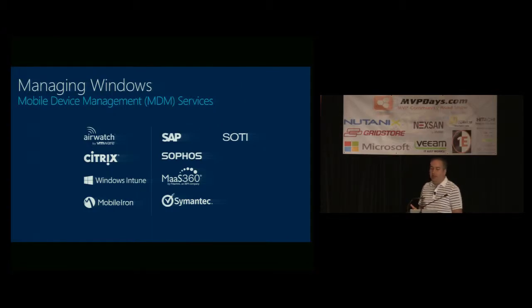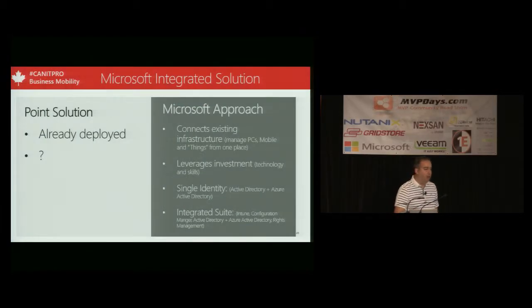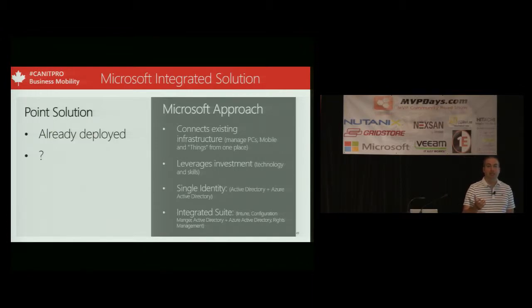You may come into scenarios where you have a requirement for, let's say, geofencing. You guys are familiar with what geofencing is? Back in the day, during my Samsung days, I did an implementation in the oil and gas industry for the end users. When they came within 1.5 kilometers of an oil refinery, their camera would be disabled on their device, because by regulations, you're not allowed to take pictures inside of the plant.